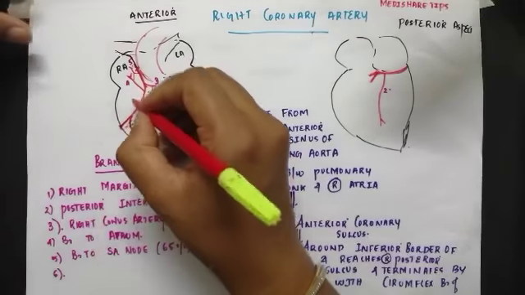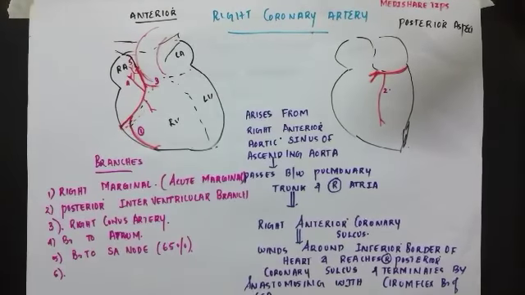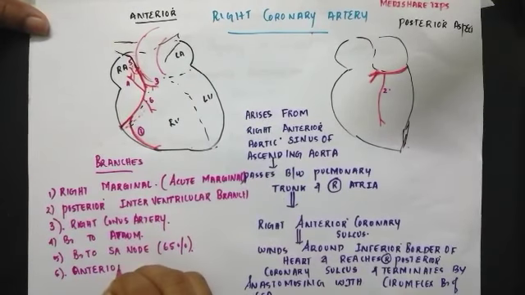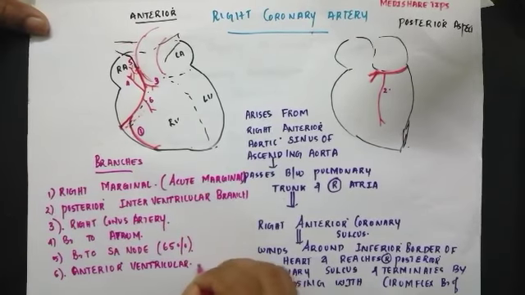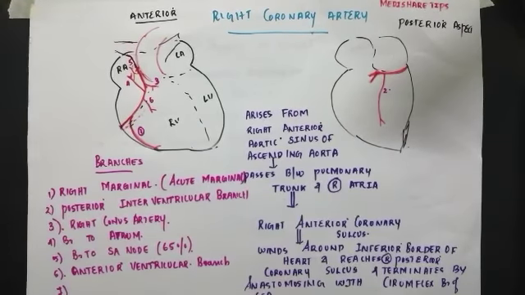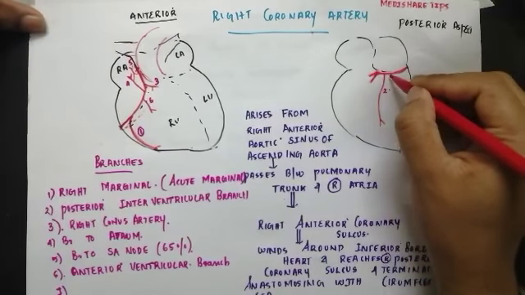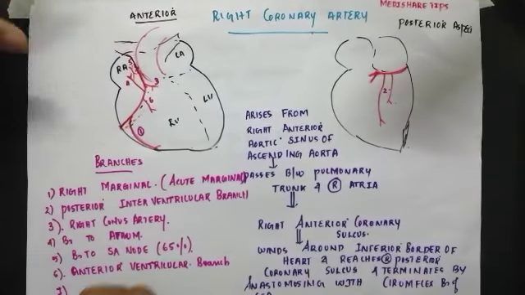And there is another branch which is known as the anterior ventricular branch. That is 6. There is also a posterior ventricular branch here.